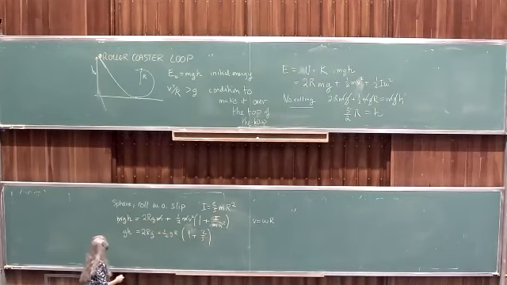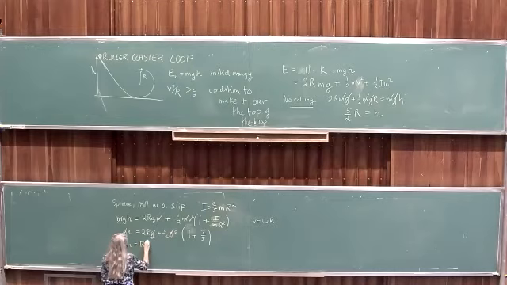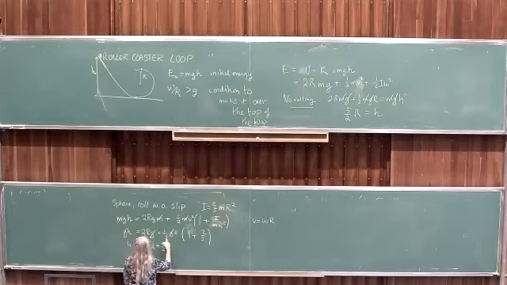Okay. And now we can cancel the g's, and we've got h is equal to R times 2 plus 1/2 times 7/5.